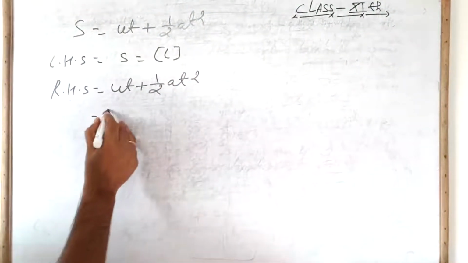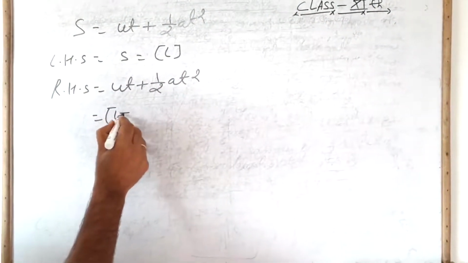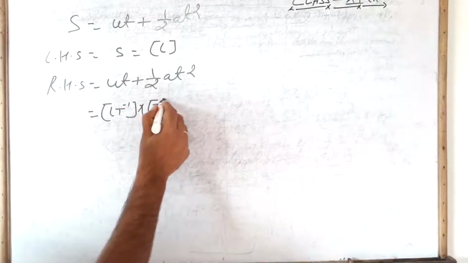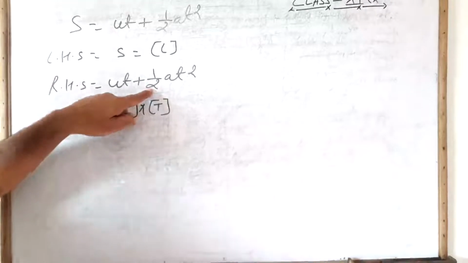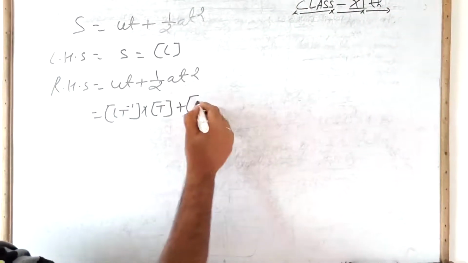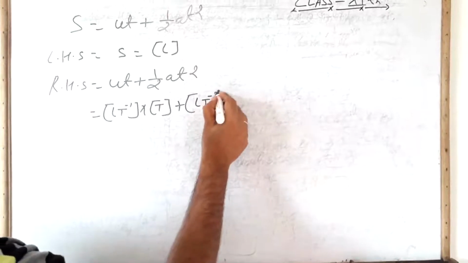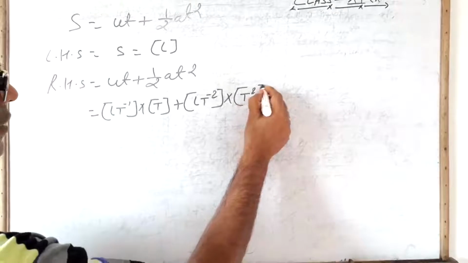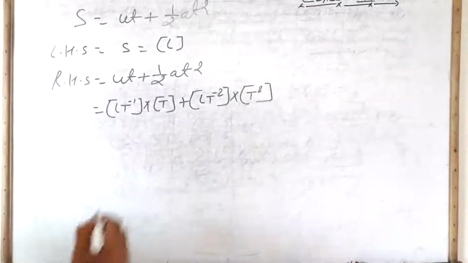U is initial velocity, whose dimension is L T inverse, multiplied by t, and half is a constant, so dimensionless. A for acceleration is L T inverse 2, and t square is t to the power 2.